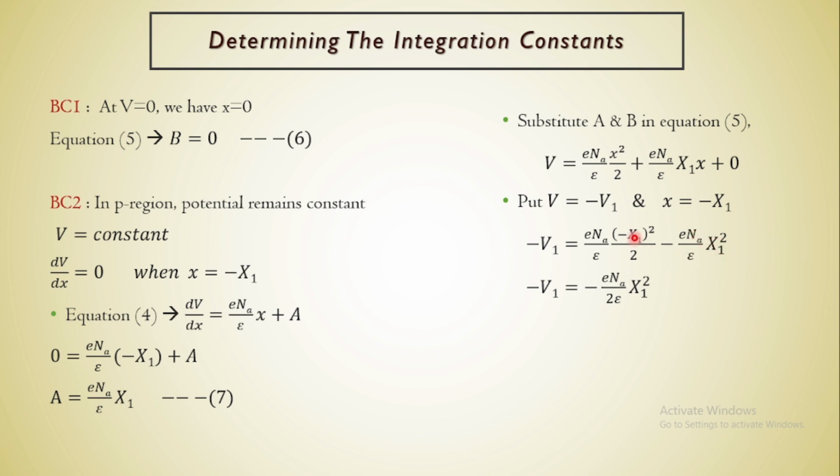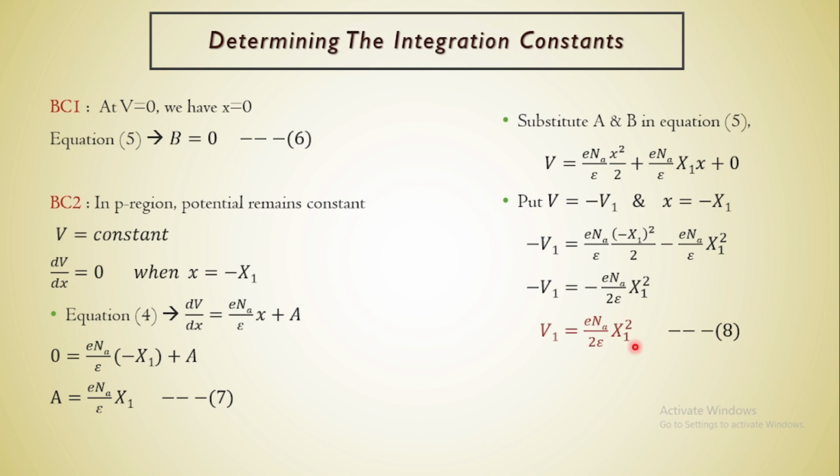So when you take it common, in the bracket we are left with 1 by 2 minus 1, which will be minus 1 by 2. So here minus 1 by 2 is written, and negative negative will get cancelled, finally leading us to v1 is equal to ENA by 2 epsilon into x1 square, which we are calling equation number 8.